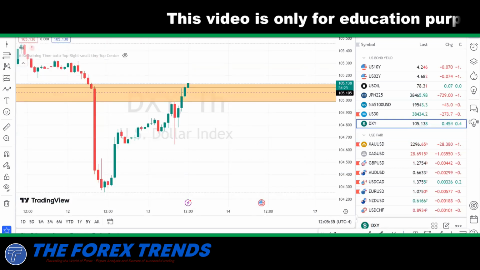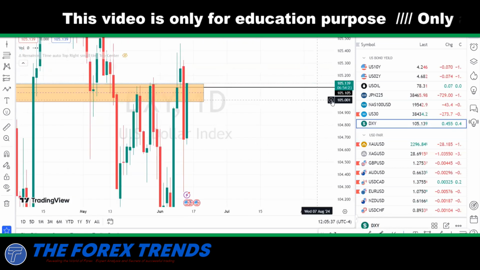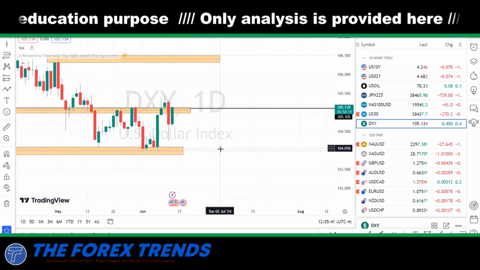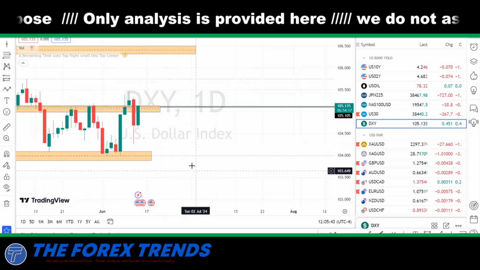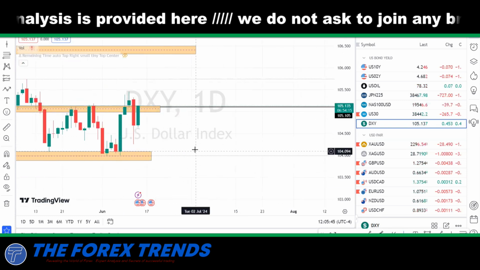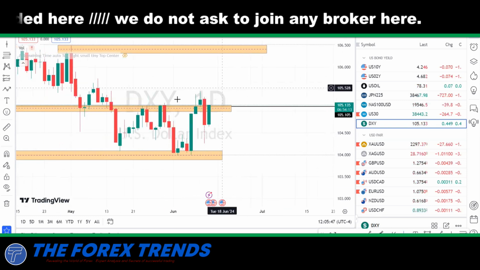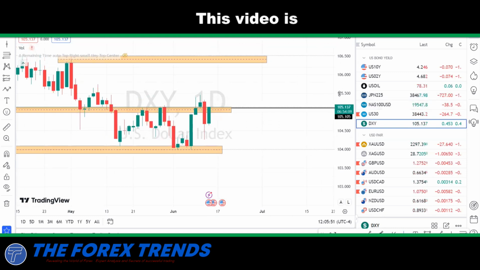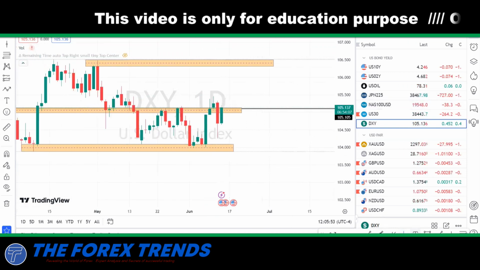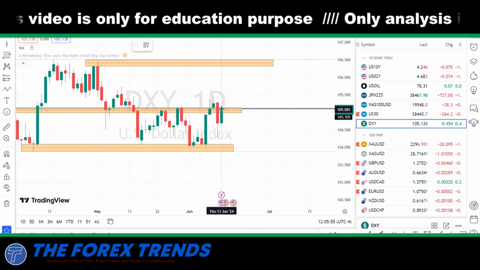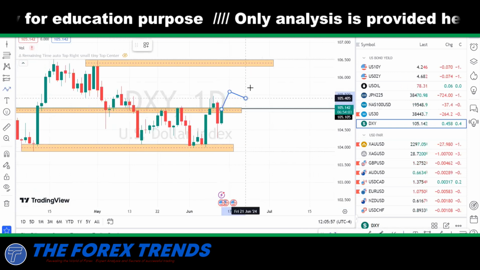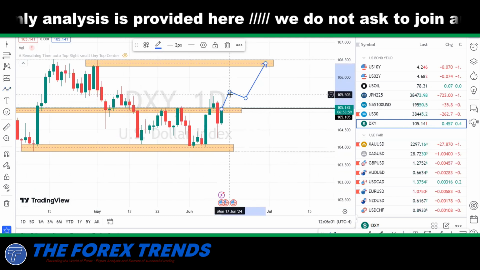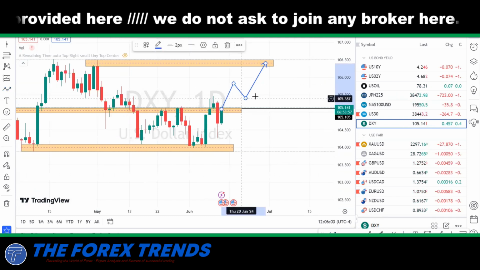In the dollar index, it is bullish, but still in the range of 104 to 105. We may see the dollar up to the 106.50 level, as they are hawkish on their currency.